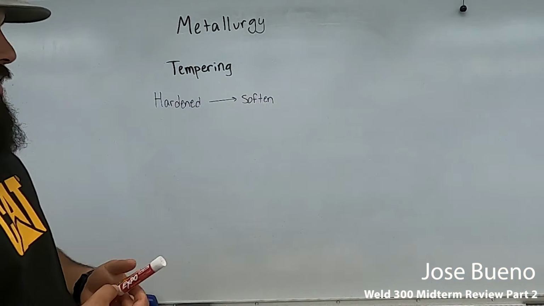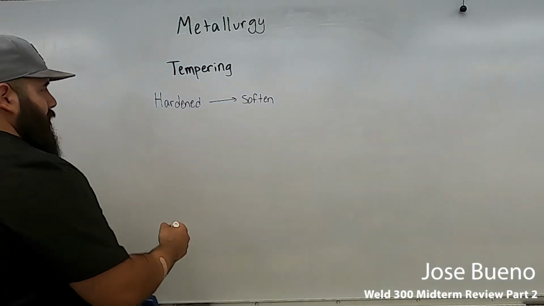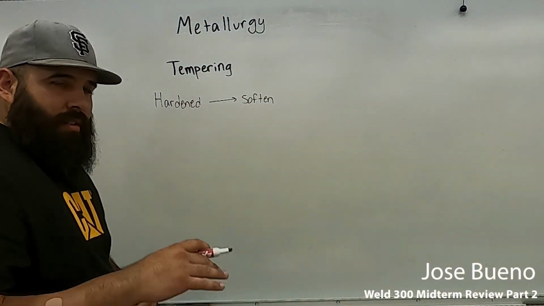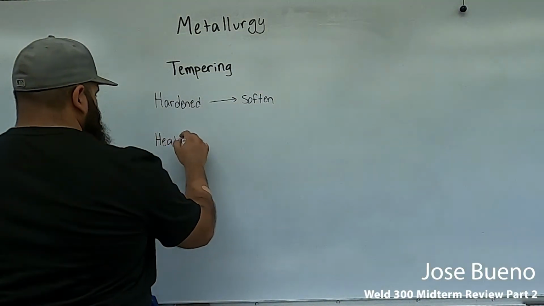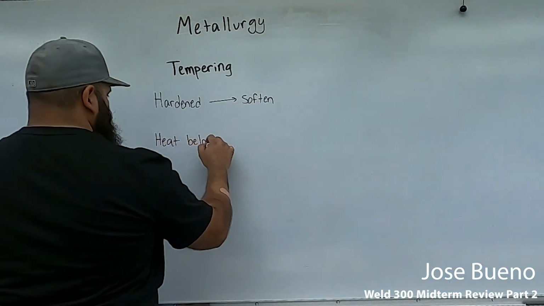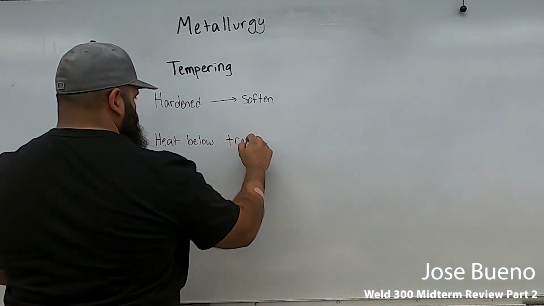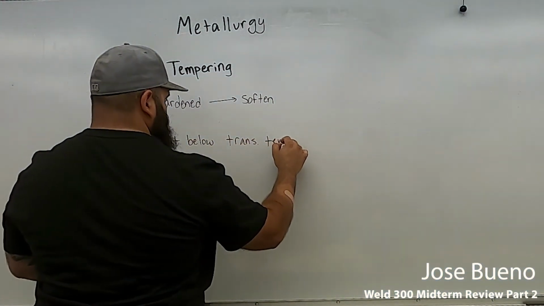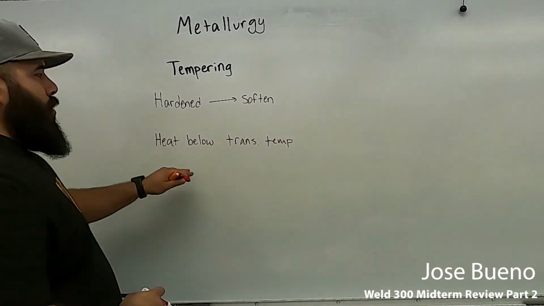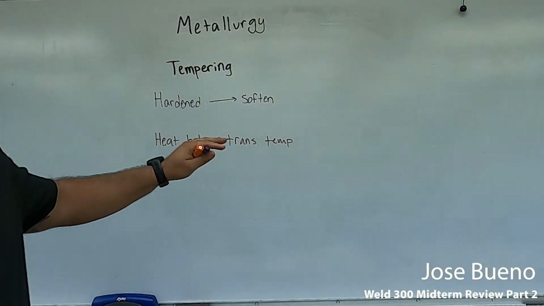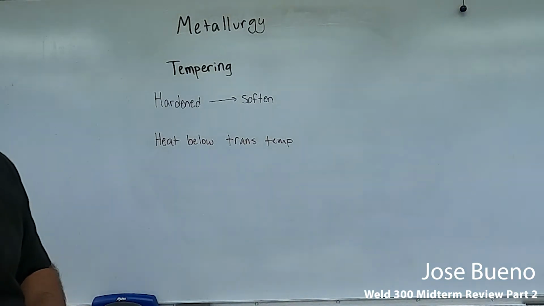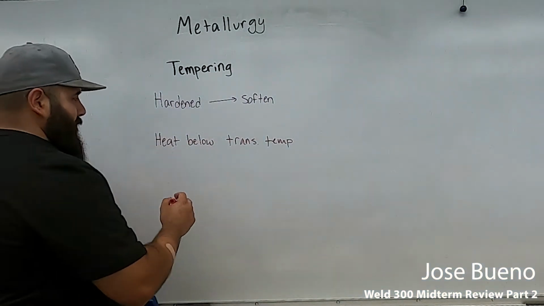So how we do this is we heat the metal up below the transformation temperature. And then we allow it to cool off by itself.